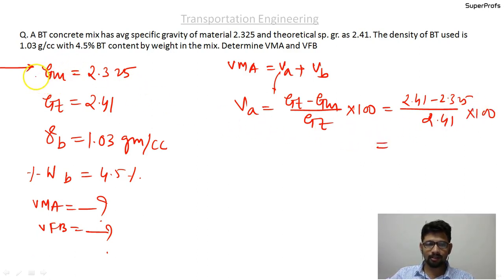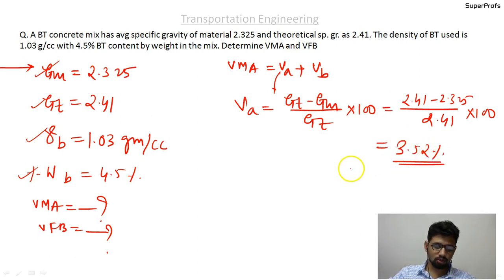GM is the measured specific gravity of the specimen, GT is the theoretical specific gravity, gamma B is the unit weight of the bitumen, WB is the percentage weight of the bitumen, VMA is the voids in mineral aggregates in percentages. Again they are asking, VFB is voids filled with bitumen, again in percentages. I hope I have cleared the meaning of these symbols. So VA comes out to be 3.52 percentage.